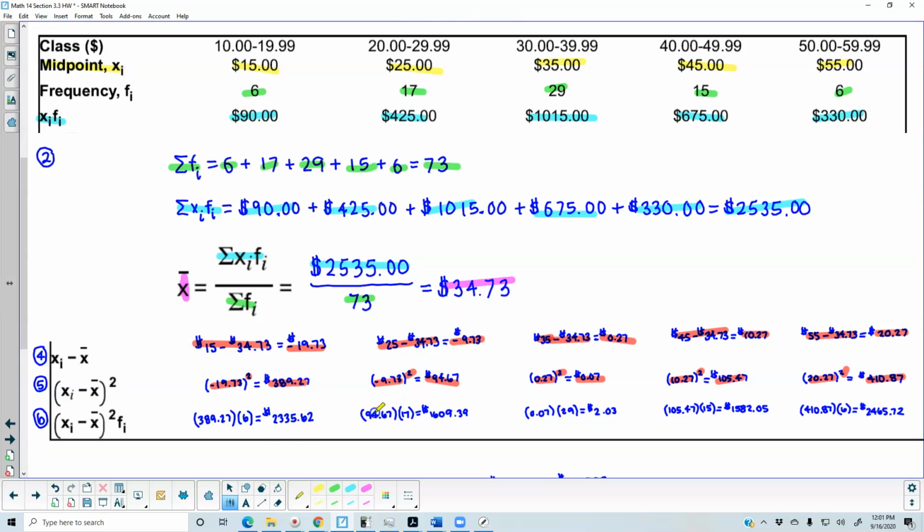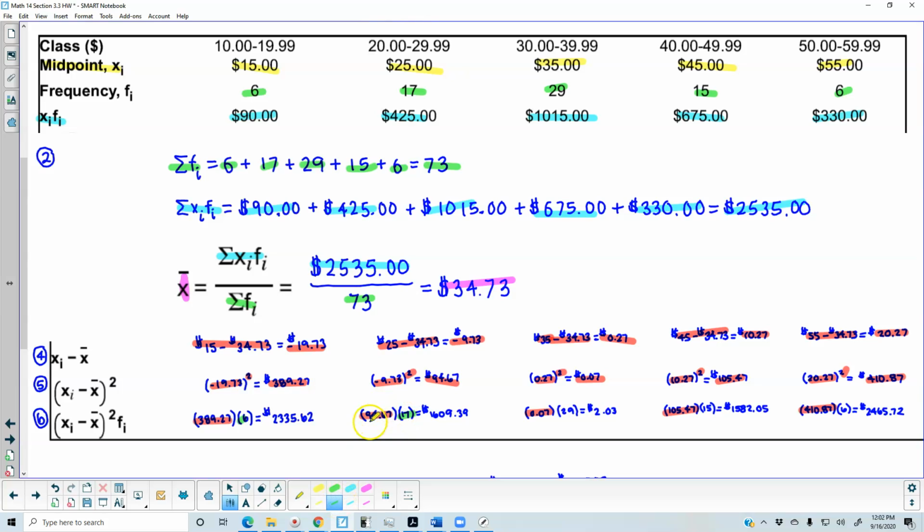And now we're going to take this value, 389.27, and multiply it by the frequency. There we get 2,335.62. Then again, we take each value: 94.67, 0.07, 105.47, 410.87, and multiply by the frequency.